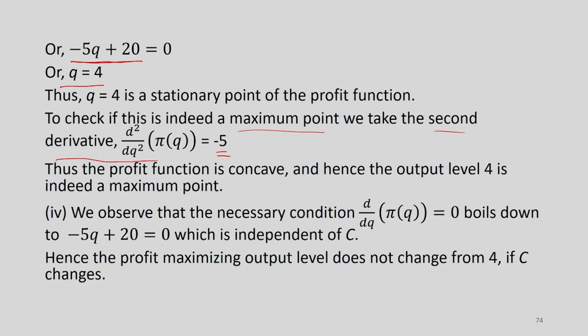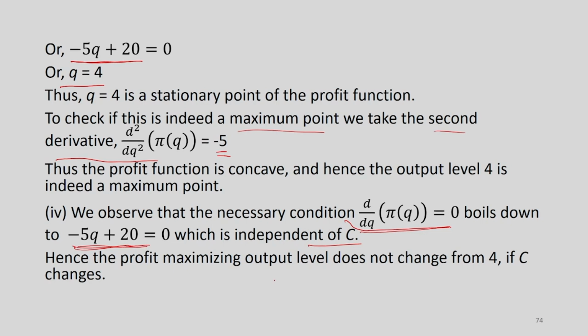Alright, now we observe that the necessary condition was giving me the optimal Q, and this is the necessary condition. It boils down to minus 5Q plus 20 is equal to 0, and this condition is independent of capital C. So, C is not making its presence in this condition.